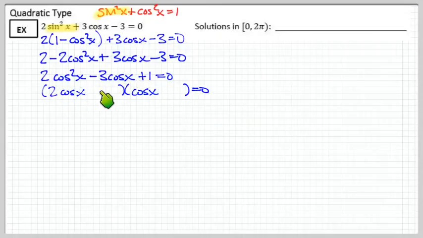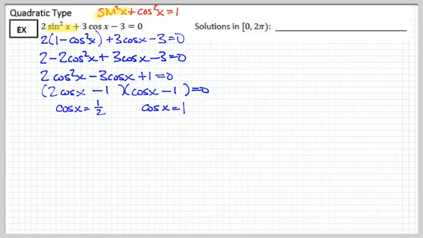So I have 2x and this here as well. So I need two things that multiply to 2 cosine squared x, which these do. Two numbers here and here which multiply to 1. So that's basically -1 and -1, so that I can get a value inside here of -3 cosine x.